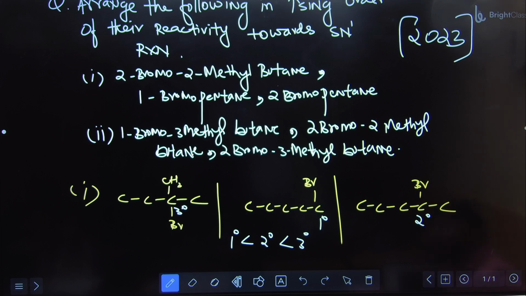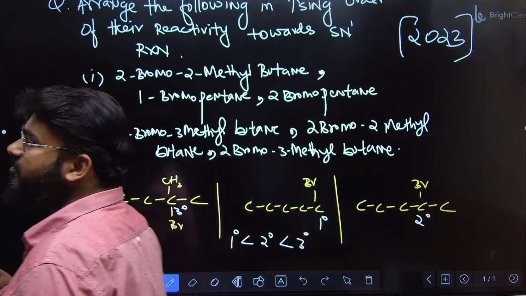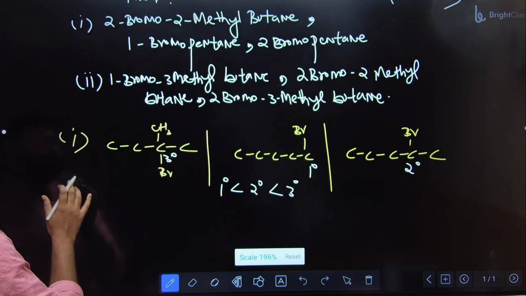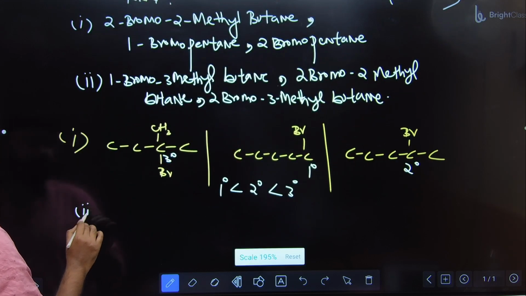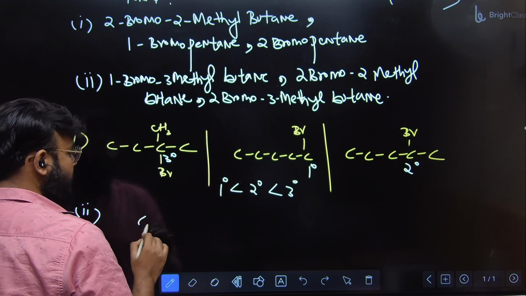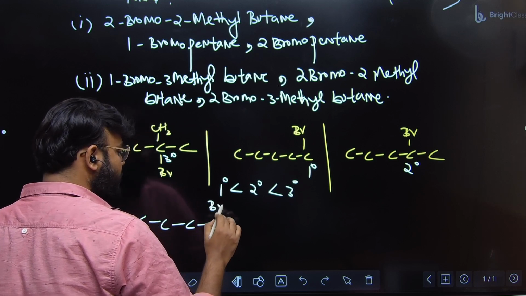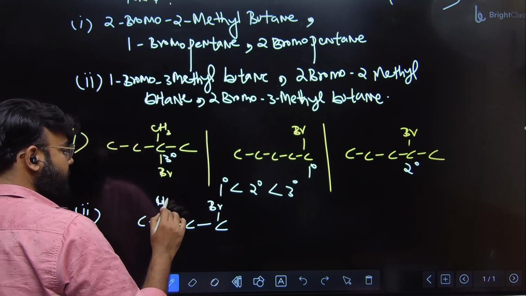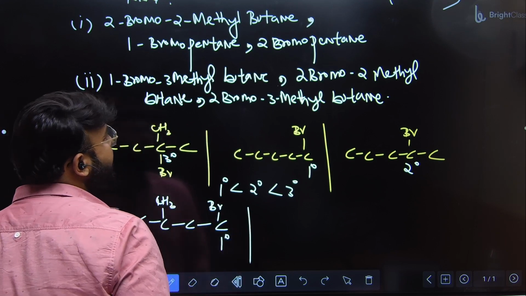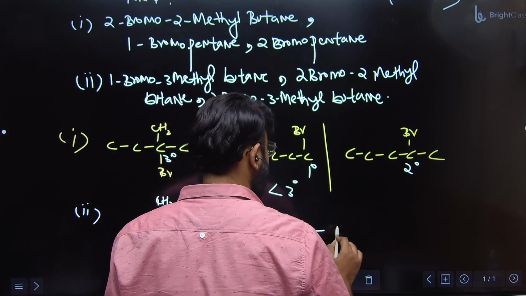And in the second case, again, let's draw the structure. Okay, this is how you have to approach in the exam. So here you can see in this case, 1 bromo 3 methyl butane. So there is going to be a bromo and this is your methyl. Okay, so this is how many degree? 1 degree. Next you have 2 bromo 2 methyl butane.